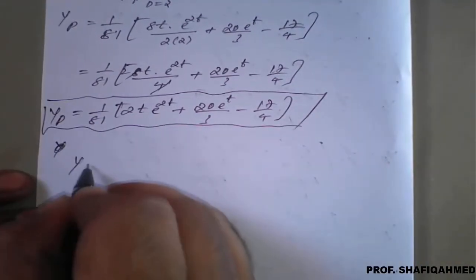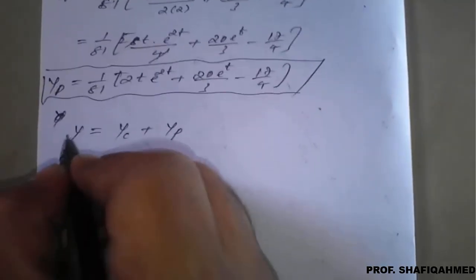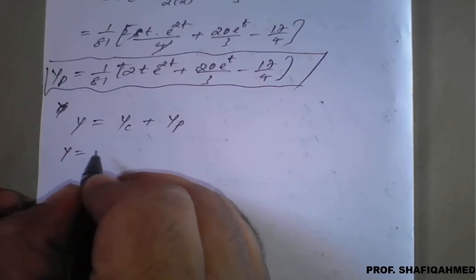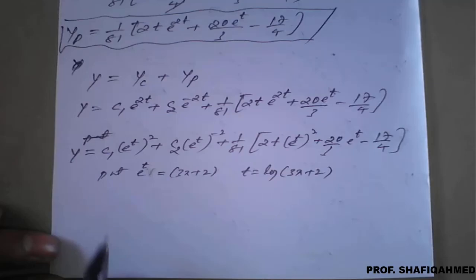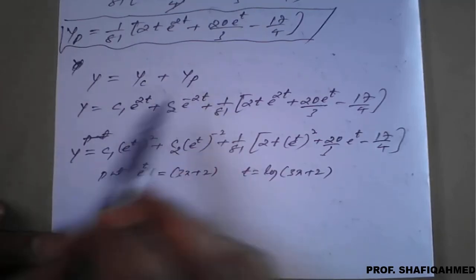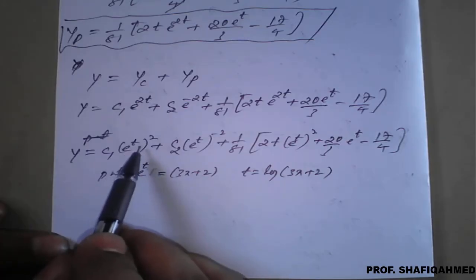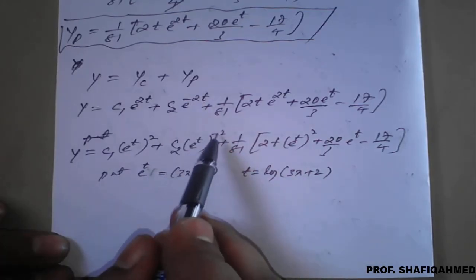So the complete solution is given by y is equal to yc plus yp. So y is equal to c1 e raised to 2t plus c2 e raised to minus 2t plus 1 upon 81 of 2t e raised to 2t plus 20 upon 3 e raised to t minus 17 upon 4. Here e raised to 2t can be written as e raised to t square, e raised to minus 2t as e raised to t raised to minus 2.